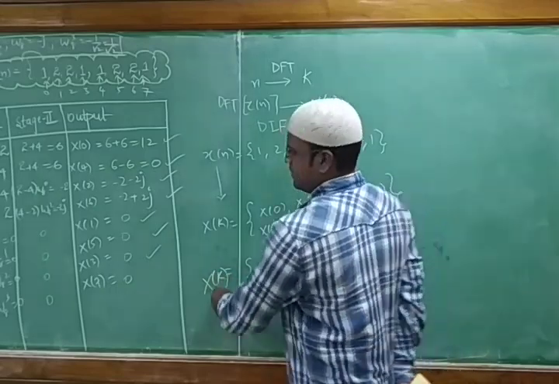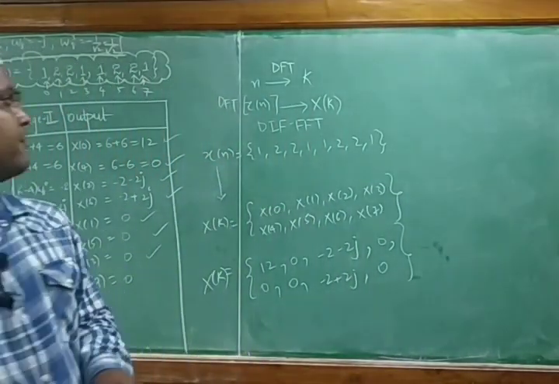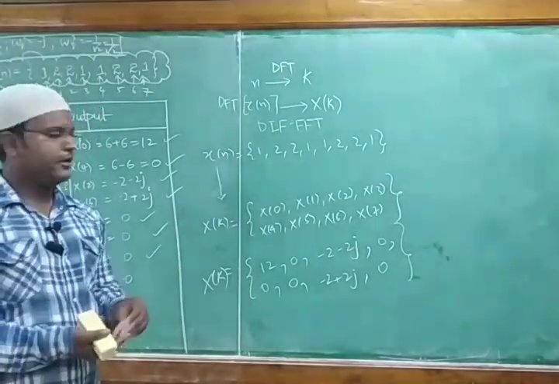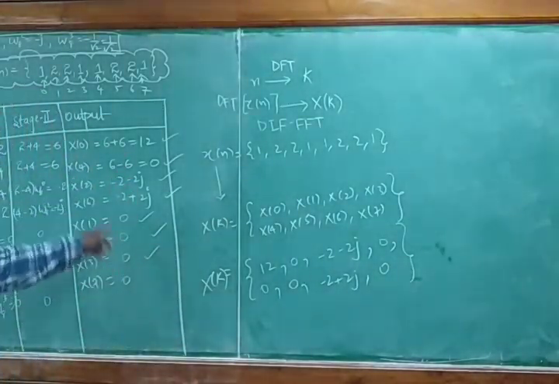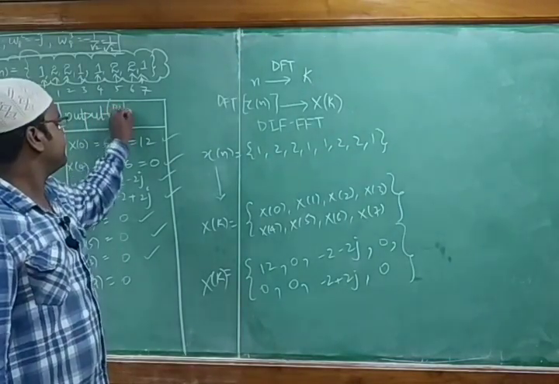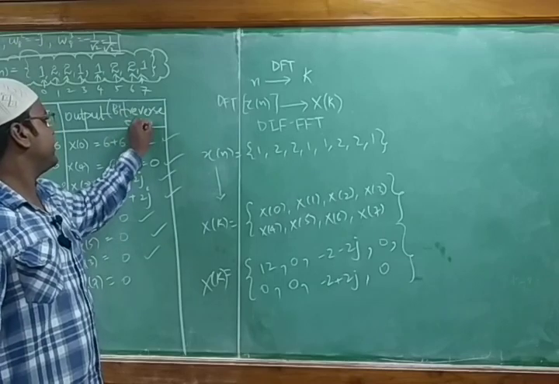That sequence, if you want to convert into DIF FFT, we can convert the x of n sequence into x of k by applying this particular part. Don't write this answer directly in that order. It is not in order. In which order is it? The output is in bit reverse order. But the output should not be in bit reverse order.